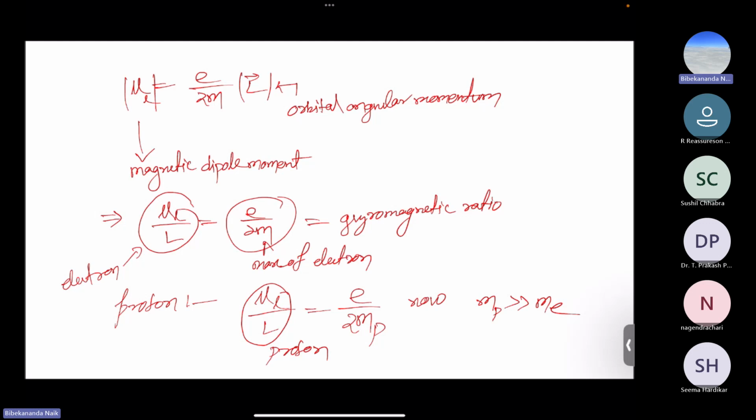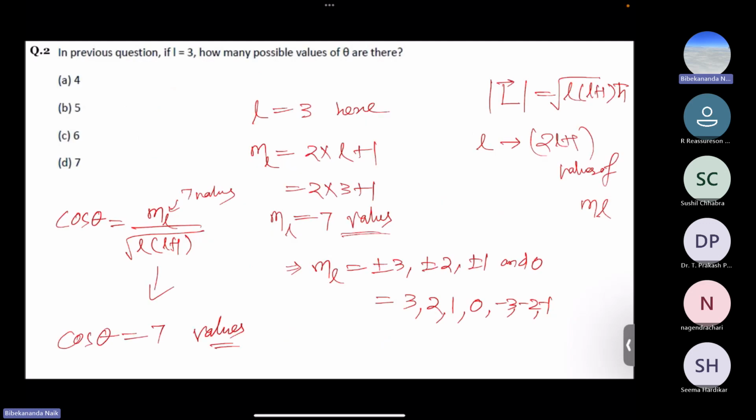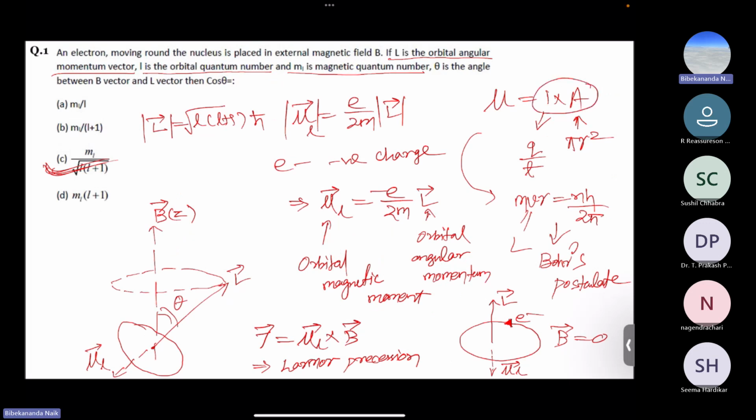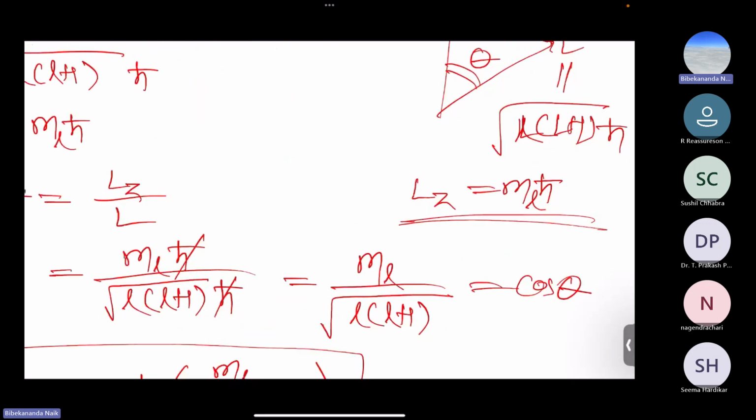Also, in the case of the orbital magnetic dipole moment, the general unit of mu L, the general unit of magnetic dipole moment, is ampere into meter square, because it is nothing but I into A.